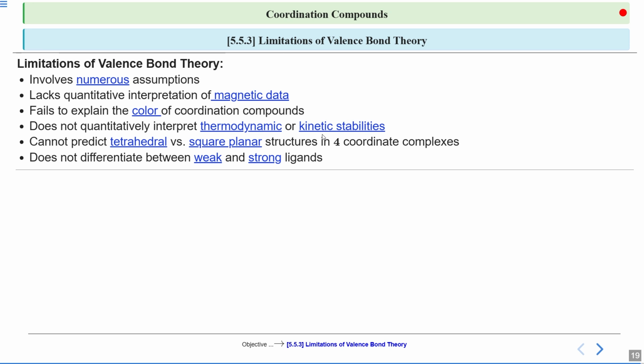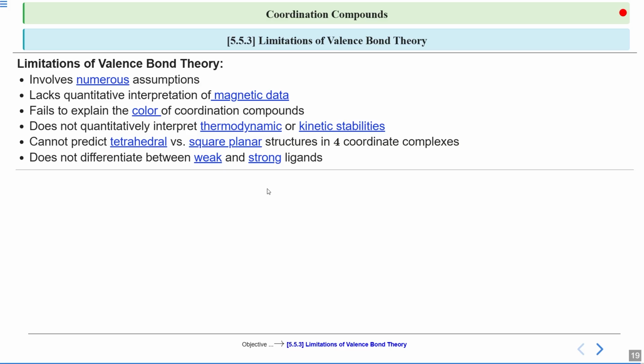And it doesn't offer a mathematical framework to calculate thermodynamic or kinetic stability properties of coordination compounds. It is more a qualitative theory than a quantitative one.